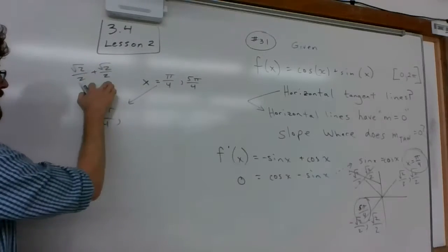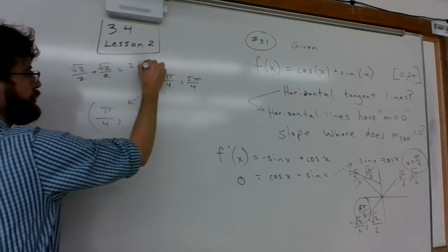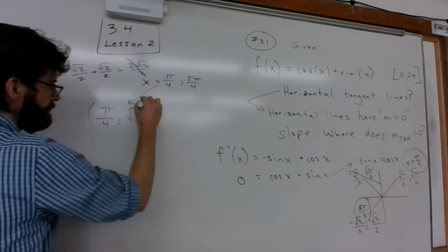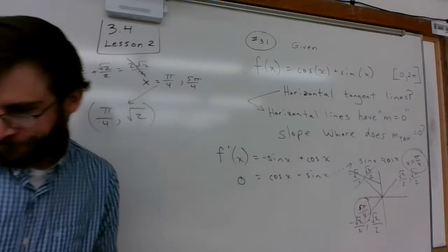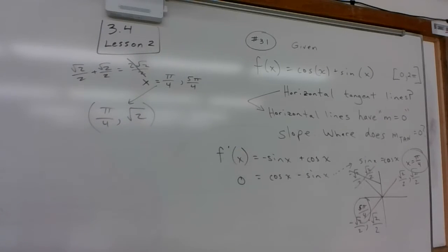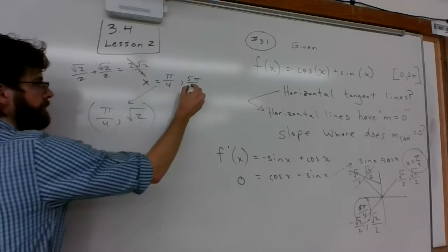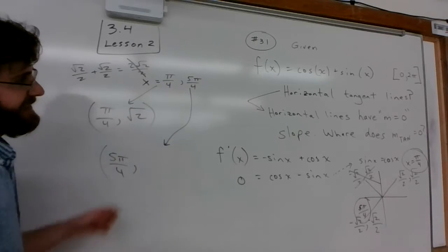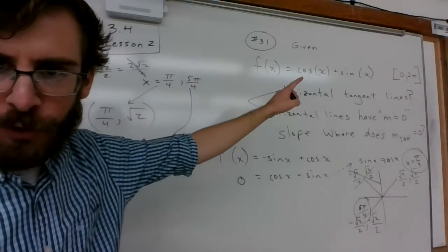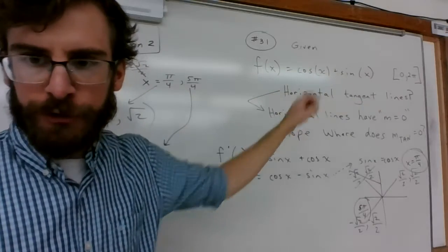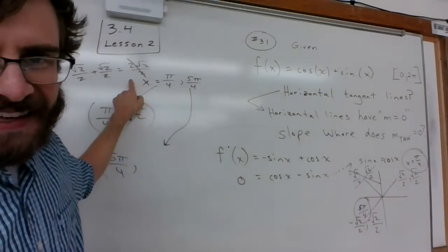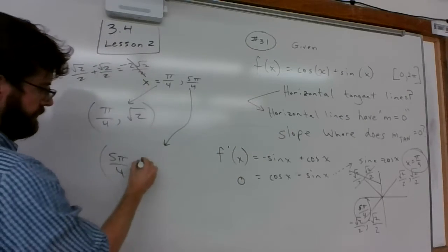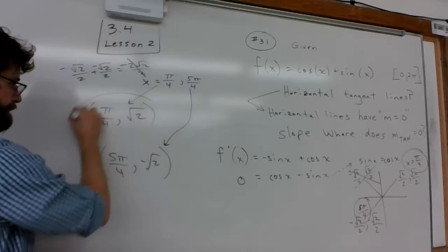There's two of them, 2 root 2 over 2, so it's just root 2. And then with 5 pi over 4, that's literally just going to be negative root 2 over 2 plus negative root 2 over 2, which gives the same thing, except you've got negative.